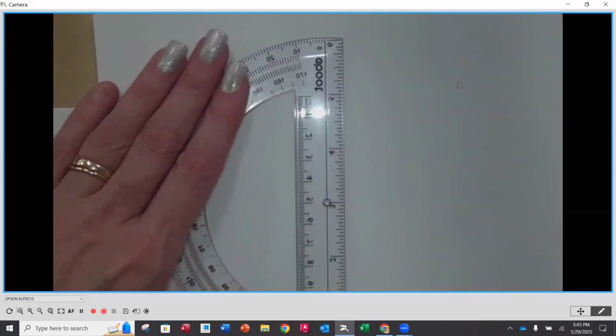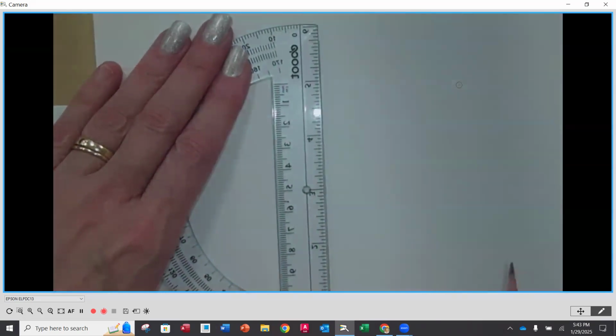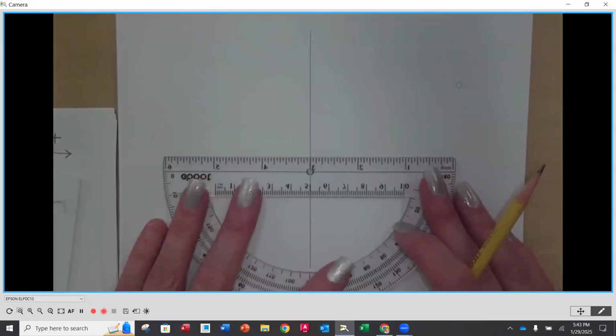Do not try to squeeze this into a small little area, because you're going to be putting labels on things, you're going to be putting arrowheads, and you have to be able to fit that all in, okay? So again, I am going to take literally the top half of my paper to draw my X and Y coordinates here. I'll zoom out even a little bit more so you can see the full thing.